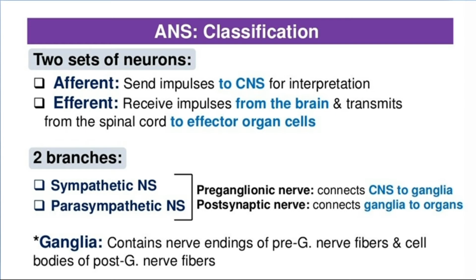Both have a preganglionic nerve and a postganglionic nerve. Preganglionic nerve connects CNS to ganglia. Postganglionic nerve connects ganglia to organs. Ganglia contain nerve endings of preganglionic nerve fibers and cell bodies of postganglionic nerve fibers.